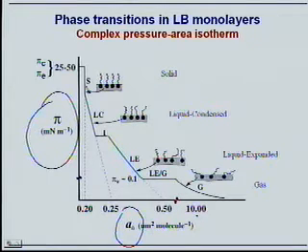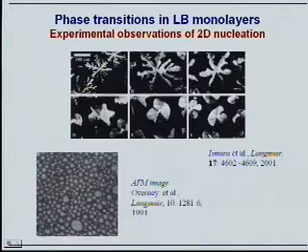Because all those processes are slow and you have complex nucleation phenomena, this is actually the reason why we have these pictures that I showed in the first slide. So you could actually follow the crystallization. We're not going to discuss right now how, but you can follow the nucleation and crystallization of the surfactant on the surface.